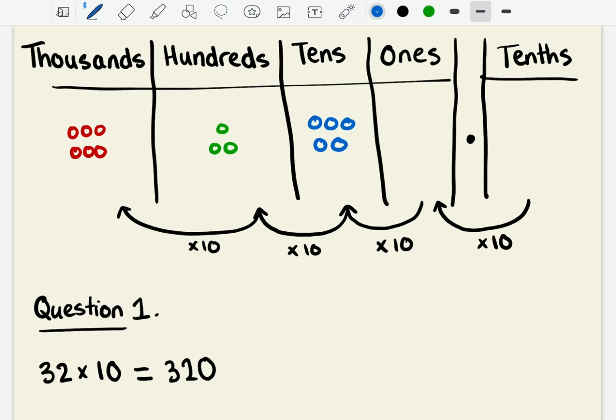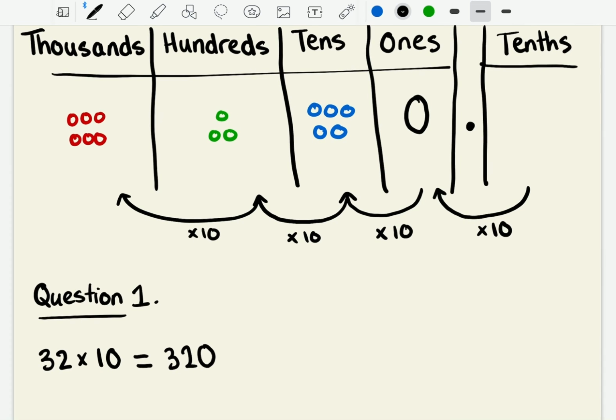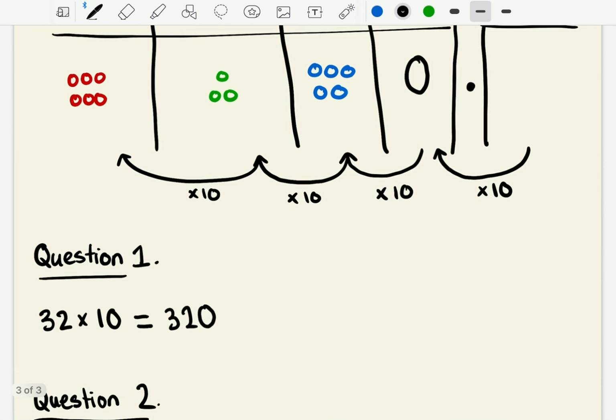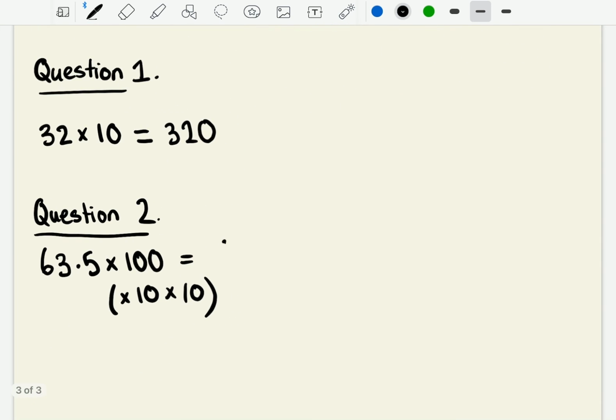And we can't forget to put our ones in. We can see that there's 0 units now, but that 0 is very important because it tells us the size of the other digits. So we end up with 6,350. And you might notice that the digits stayed the same, but because all the numbers shifted to the left, the decimal place actually shifted to the right.